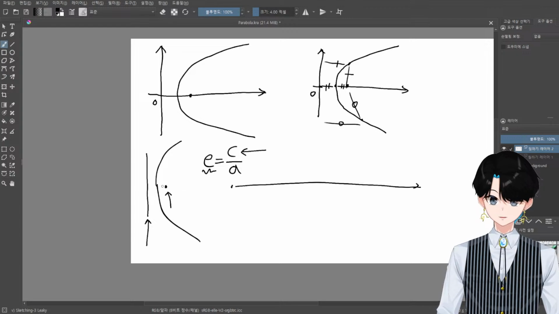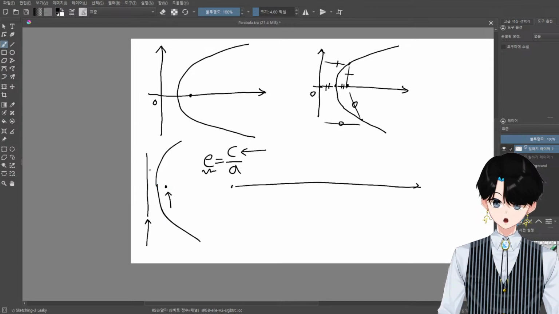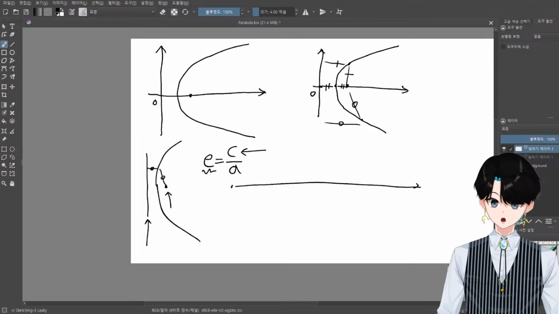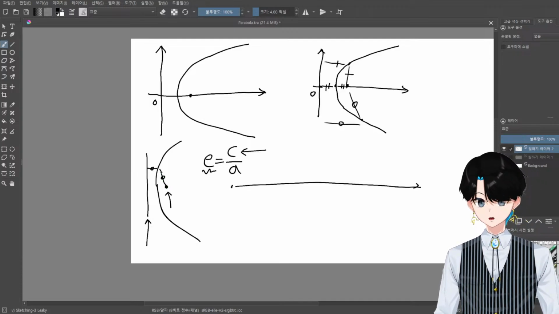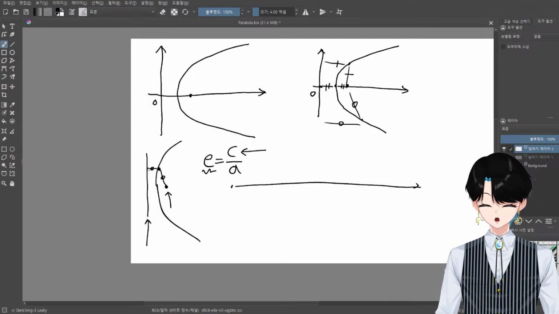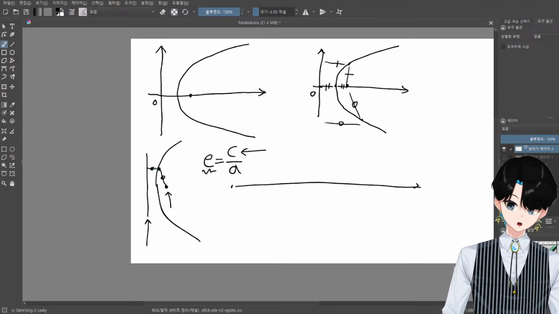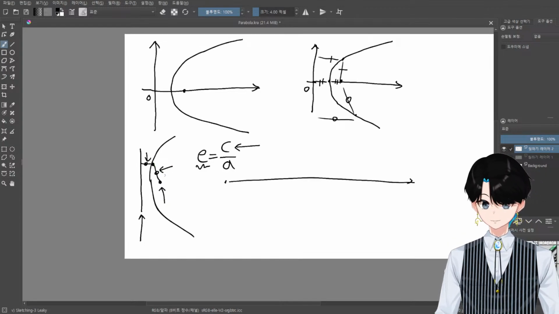But also, you see this? It's a relation of these 2 distances: from the focal point to the point on the curve, and the closest distance between the point and the directrix. So this distance and this distance, the relation between these 2.